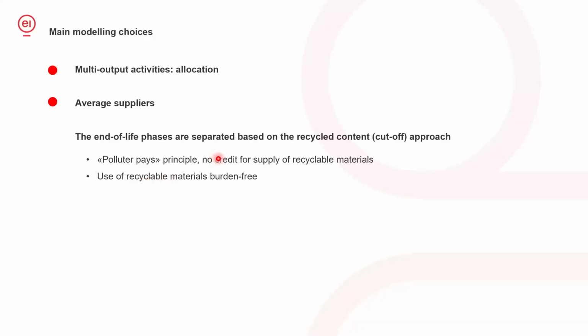And here, just a quick note, when we are dealing with the cutoff system model, it is interesting to see that the cutoff system model does not promote the production of valuable secondary materials in a supply chain, as the producer does not get any credit for supplying valuable recyclable materials.